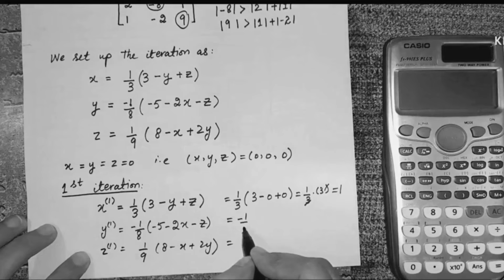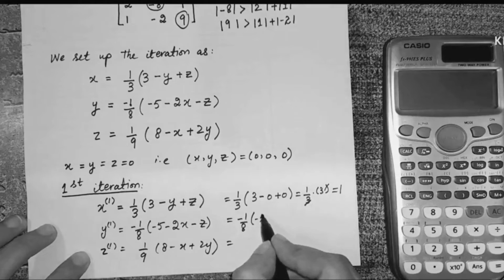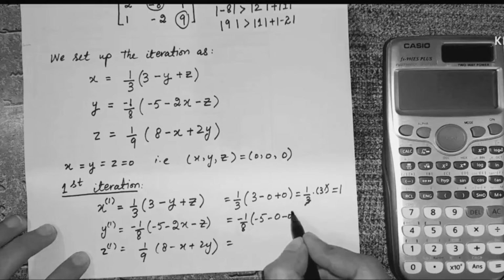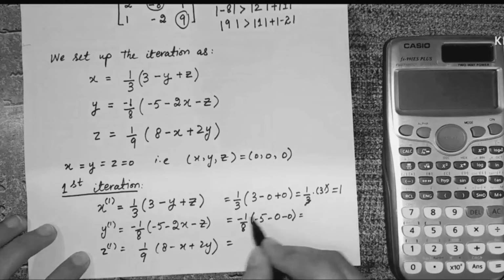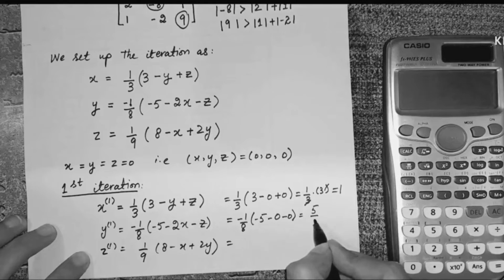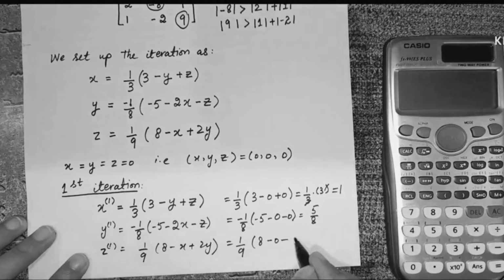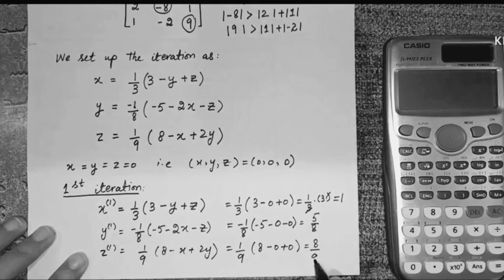Here, negative 1 over 8 times minus 5 minus 2 into 0 minus 0, so it is minus minus plus, and the answer is 5 over 8. In the same way, 1 over 9 times 8 minus 0 plus 2 into 0, so the answer is 8 over 9.